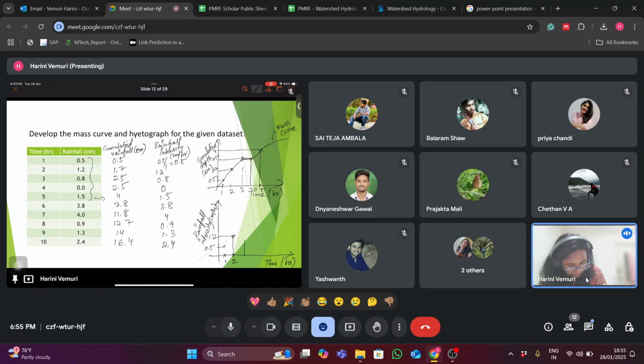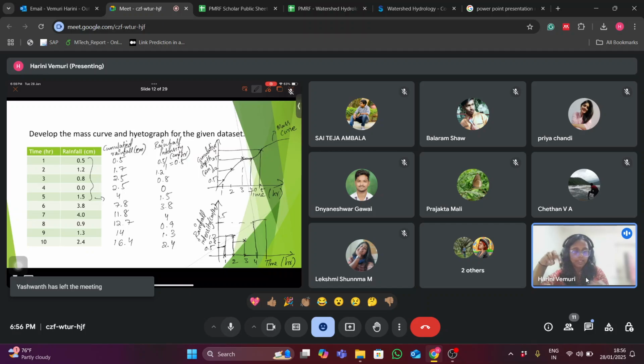In the third hour, it's a bar plot, sorry. We have 0.8. And in the fourth hour, it's a 0 value. Fifth hour, it's 1.5. So like that, if we keep going on, we'll get a hydrograph for the rainfall data. As you can see, the bar plot won't be non-decreasing or anything. The fluctuations are clearly visible.